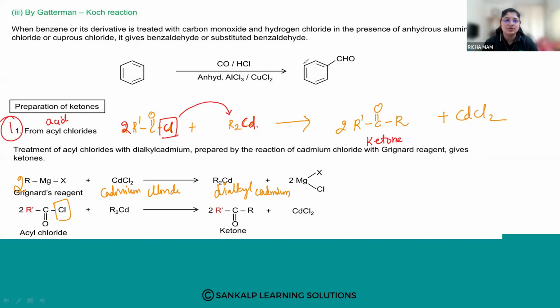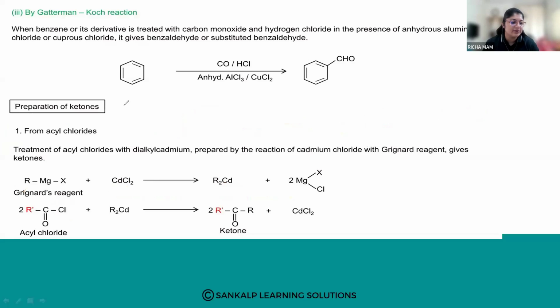Let me give you an example, and you need to tell me the answer. 2CH3COCl plus, I'll take this as (CH3)2Cd. Can you tell me the product?